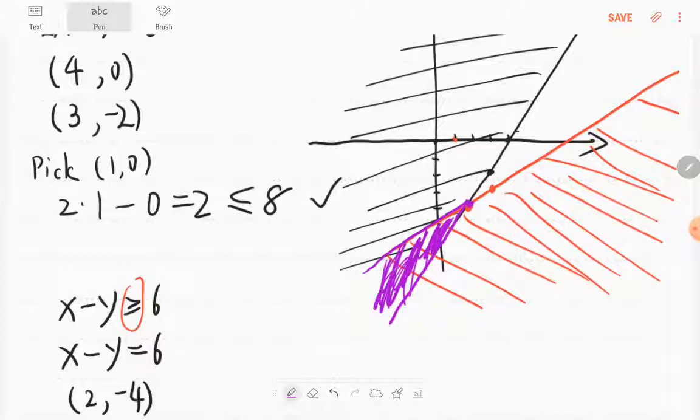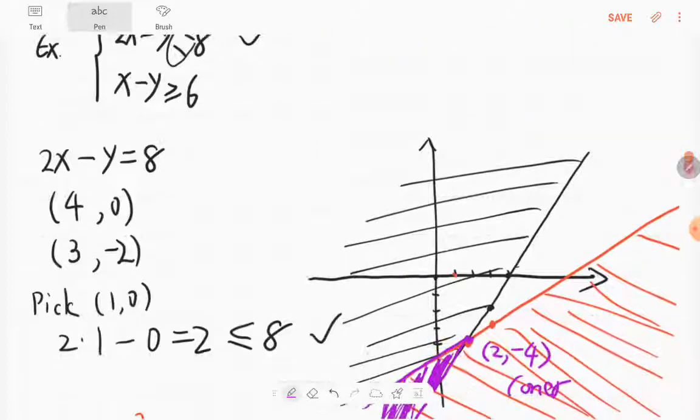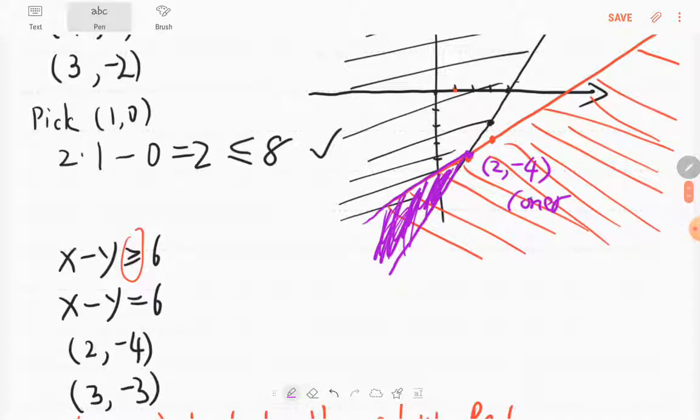We just calculate this is the intersection point, (2, negative 4). This is called a corner point, C-O-R-N-E-R, corner point.